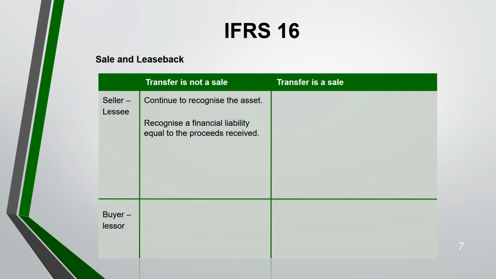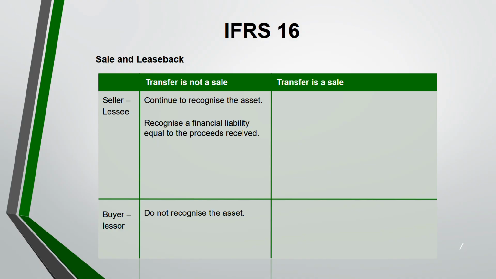They have sold and they are leasing back. When they lease back, they are taking the lease, so they have to pay that amount. So for them, it's a financial liability. They have an obligation to pay the lessor, the buyer. So they will recognize a financial liability equal to the proceeds that they have received from selling, which is not a sale. So those proceeds they have received are equal to the financial liability.